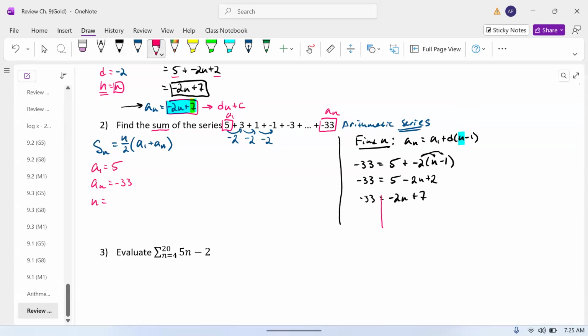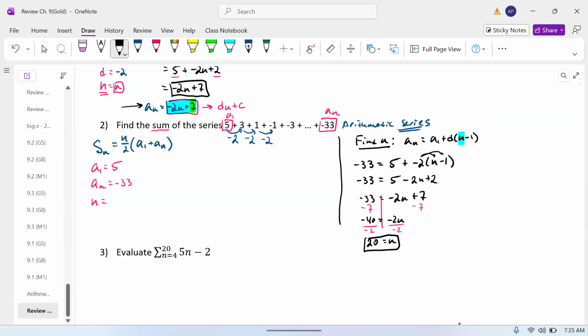And now we're solving this two-step equation. So of course, subtract 7 and then divide by negative 2. So we have negative 40 equals negative 2n, and then divide by negative 2. And therefore we get 20 is equal to n. Now keep in mind, your n can never be a decimal or negative because n is how many terms you have.